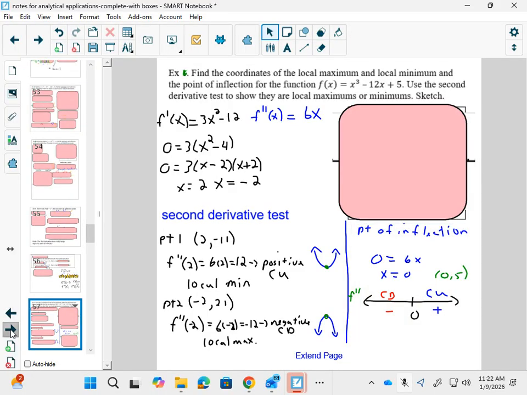I do have a point of inflection on this graph because it changes from concave down to concave up at 0, 5.